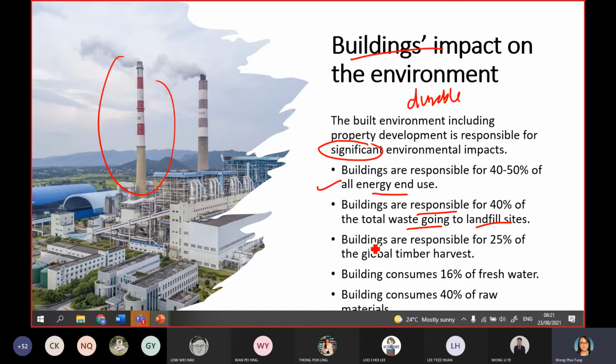And when we build the building, it also needs to consume timber, fresh water, and virgin material. So that is the impact when we construct and operate a building throughout its whole life cycle. If the building is not healthy, then the impact on the environment is even bigger due to the fact that a building is a durable feature.